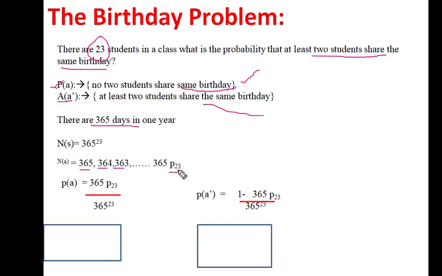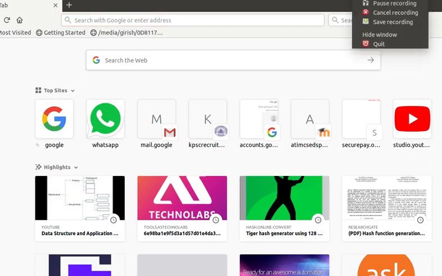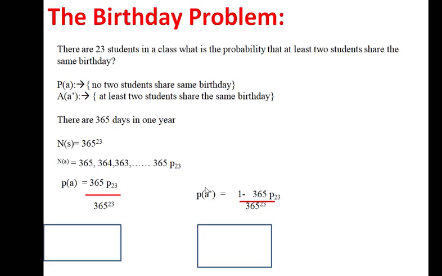Up to 23 students we have to calculate the probability. So it looks like this, that is the probability of A. So we calculate using the NPR formula.